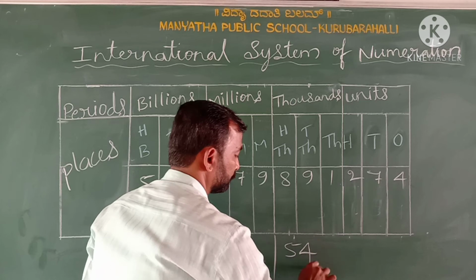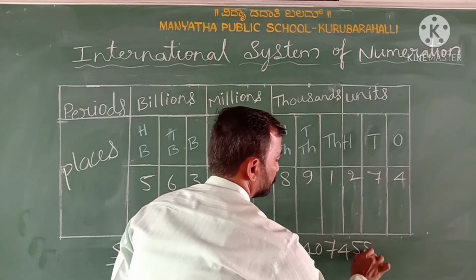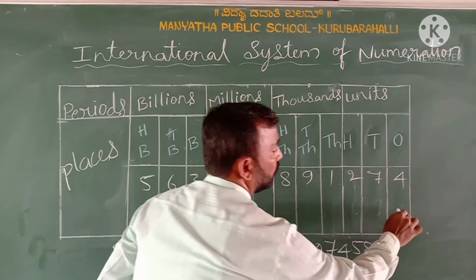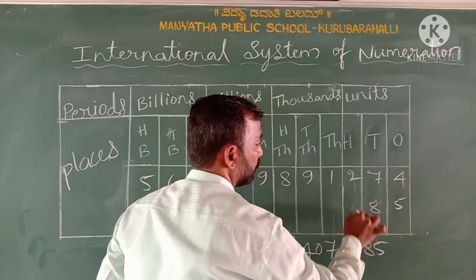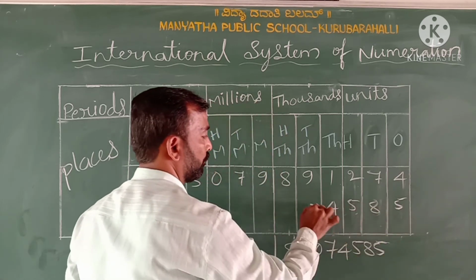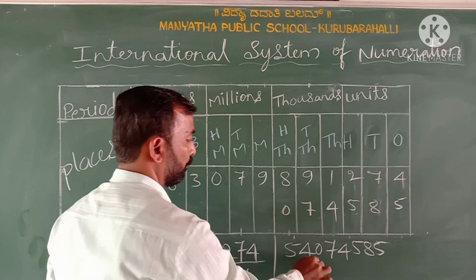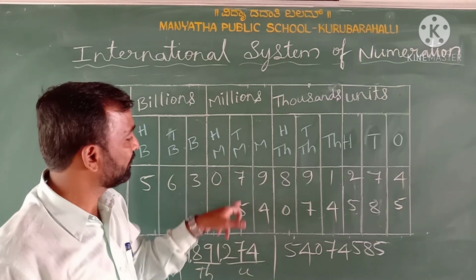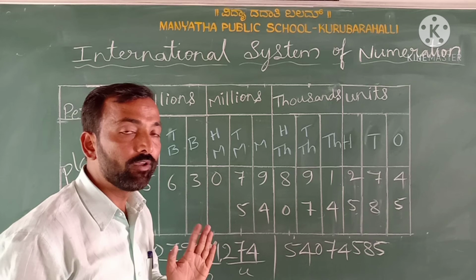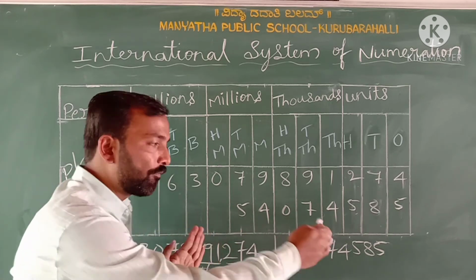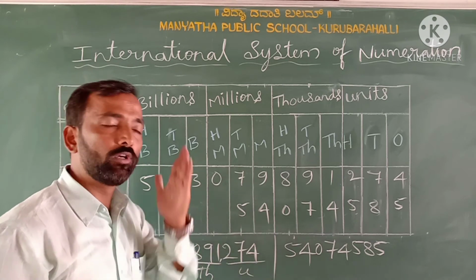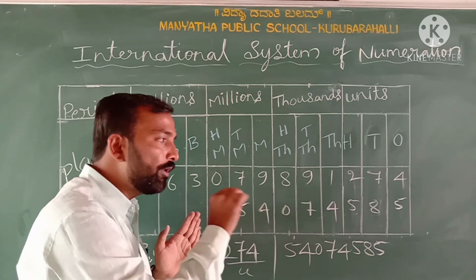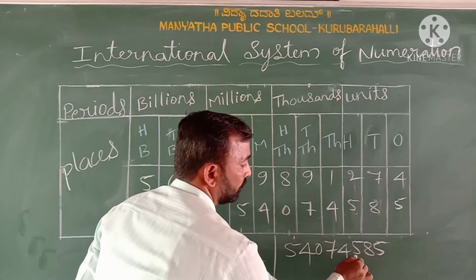I take one more example. Now write it in the columns: 5, 8, 5, 4, 7, 0, 4, 5. After every 3 digits, you should put a comma. You should remember that concept. In the international system of numeration, after every 3 digits, put a comma.